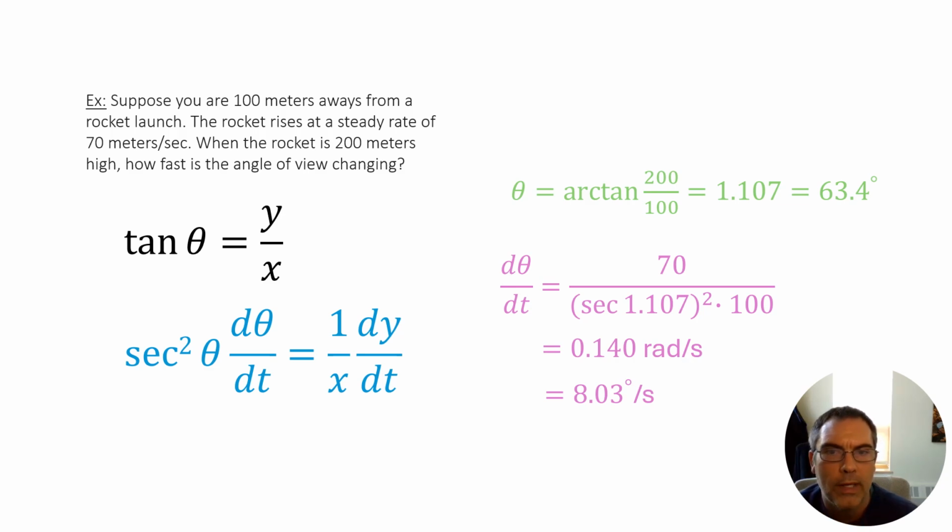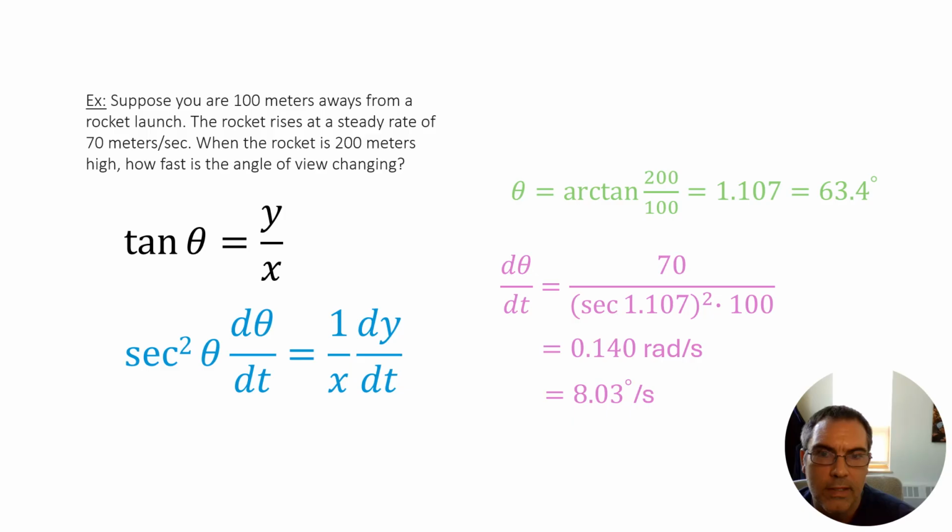Important to remember when you use your calculator, or if you're Googling the calculation or whatever you're using, most often the default for trig functions is to report angles and have angles as input in radians.